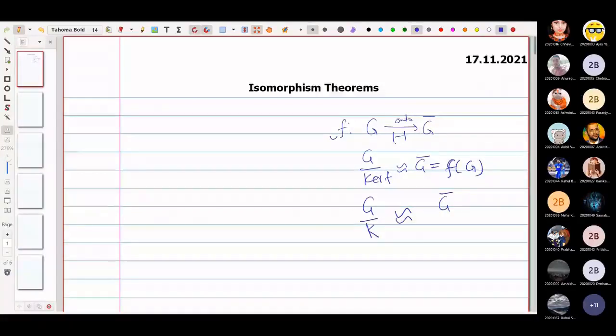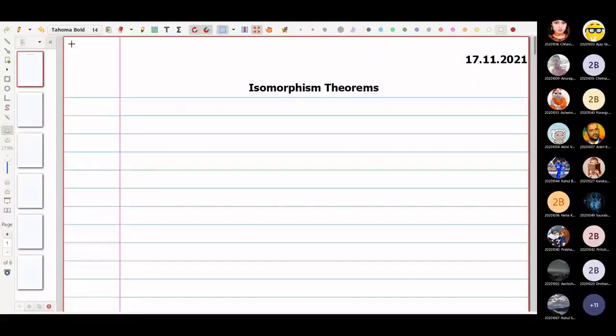So this thing we need to find out. This is an important result, as we are going to use it in further theorems on homomorphism, or sometimes we say isomorphism.